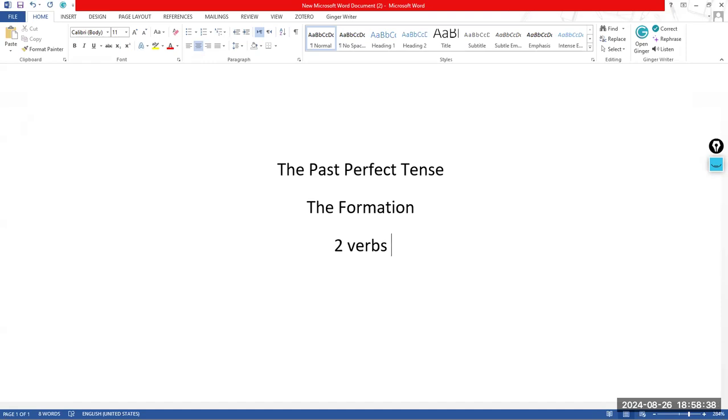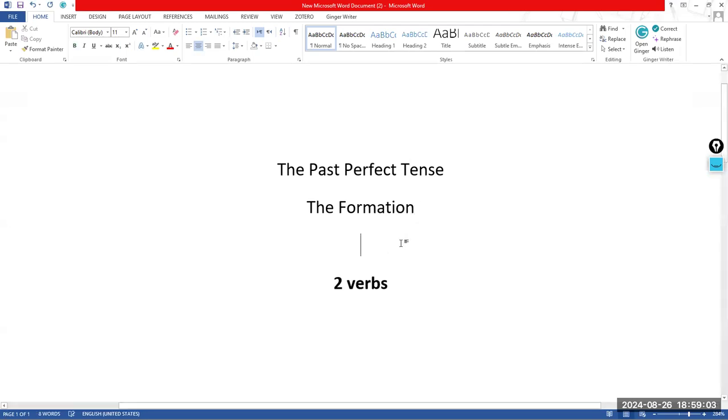For example, I go to school. Notice that in I go to school, I have only one verb, which is go. And the past of go is went. I went to school. And we notice that in I went to school, I have only one verb, which is went. But the rest of the tenses, the 10 tenses that we have in the English language, we have two verbs. Please don't forget this.